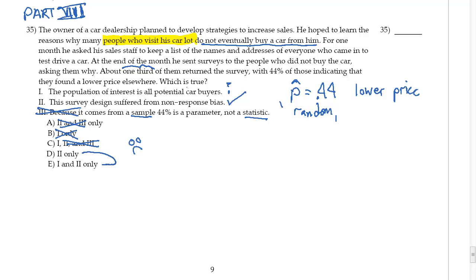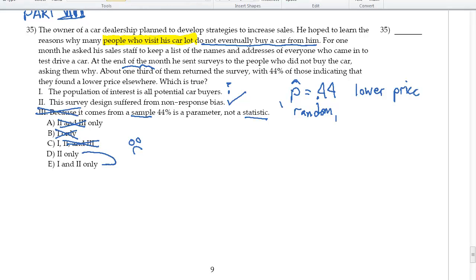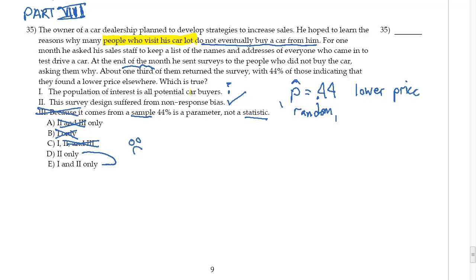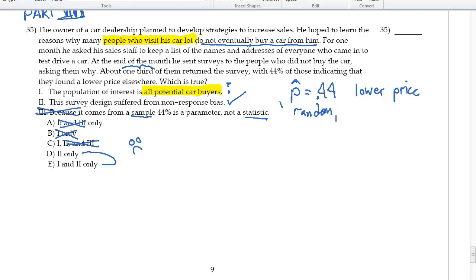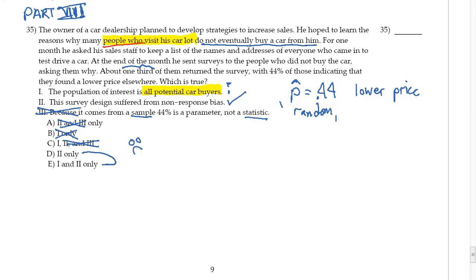This is the only way he can collect the information. So I'm going to say that because he wants to know what all potential car buyers think, but he can only survey those people who visit his car lot, that 1 is also part of the answer. And so I'm going to select E for 1 and 2 only.